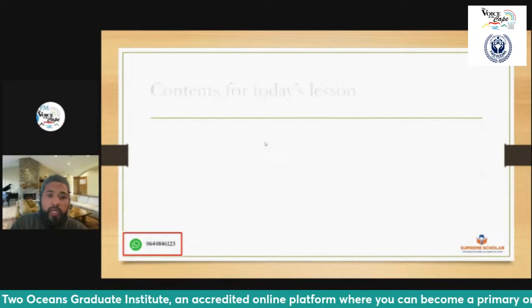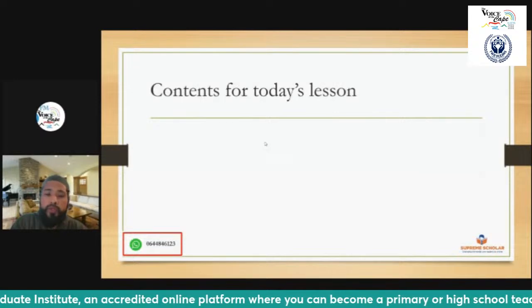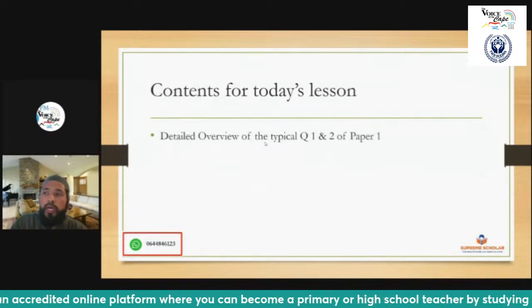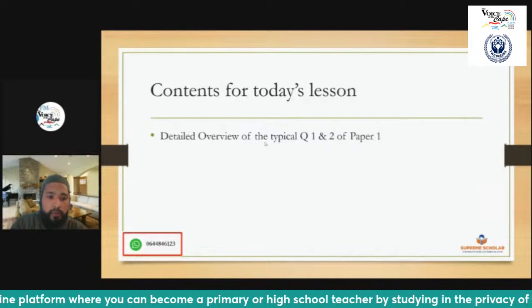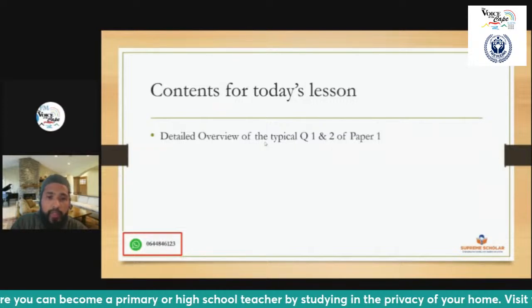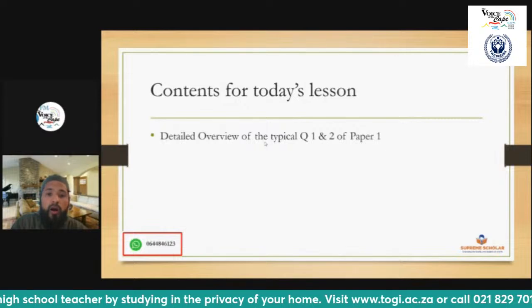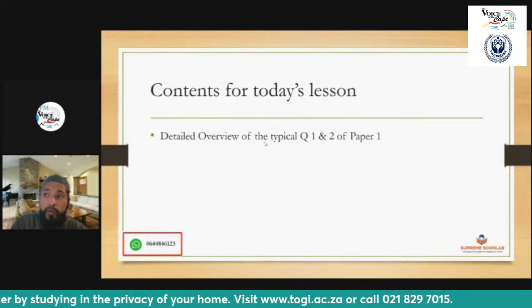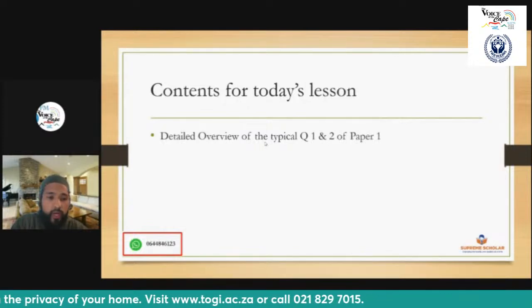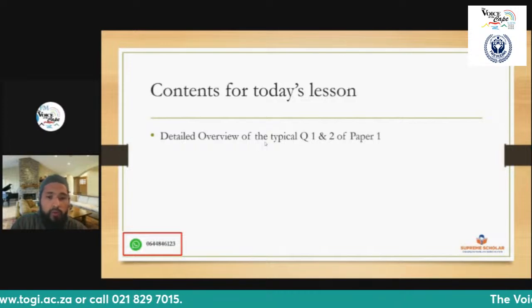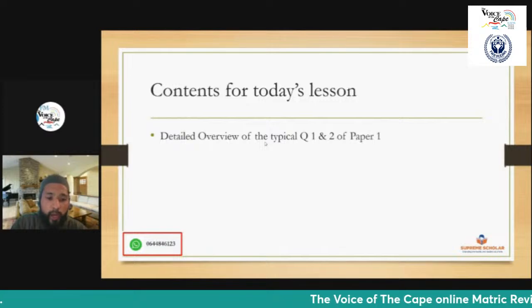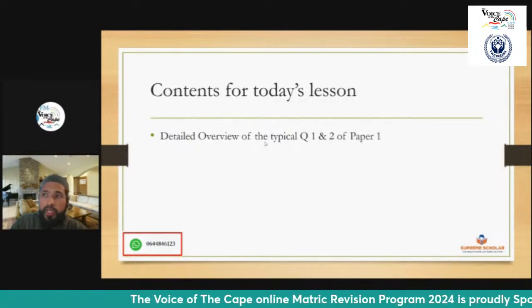Today, inshallah, we're going to be doing the following. We will take a deeper, more detailed overview of the typical question 1 and question 2 of paper 1, giving you an idea of what you can expect for specifically question 1 and question 2 in your paper 1 final exam, which will take place at the end of this year, inshallah.